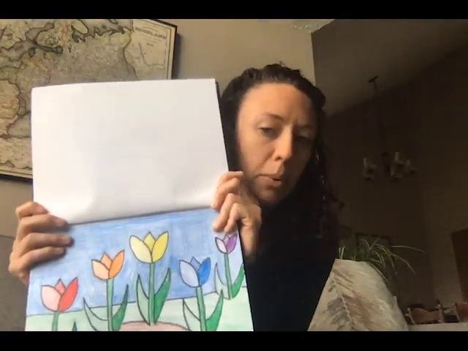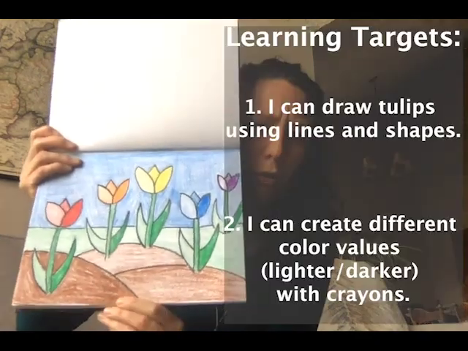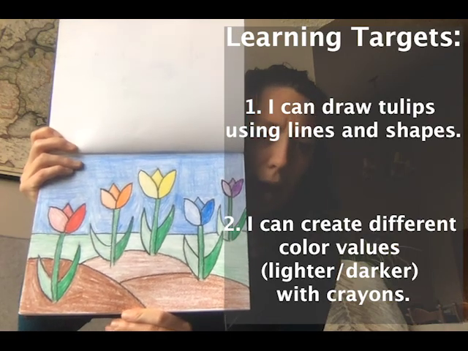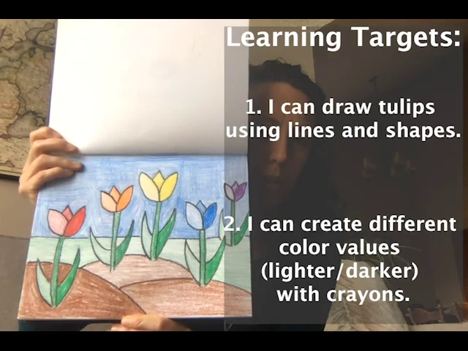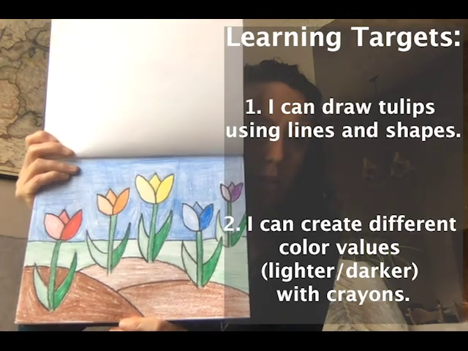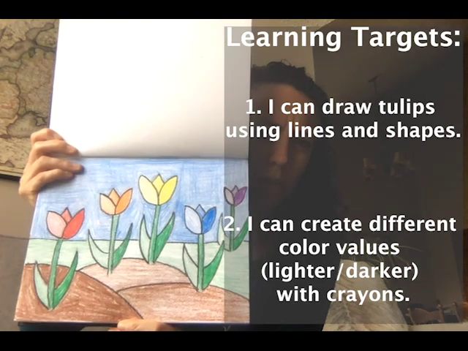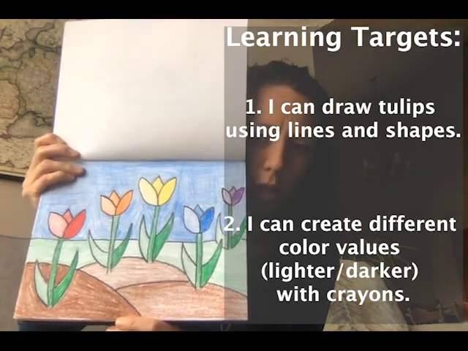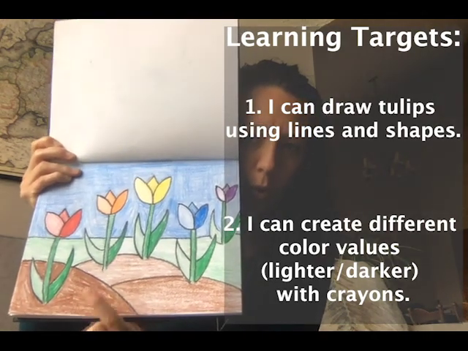Here's my example. Some of our learning targets for this week is you'll be able to say, I can draw tulips using line and shapes. And then also something we're going to talk about is value. What is value? Value is when you take a color and make it darker or lighter.